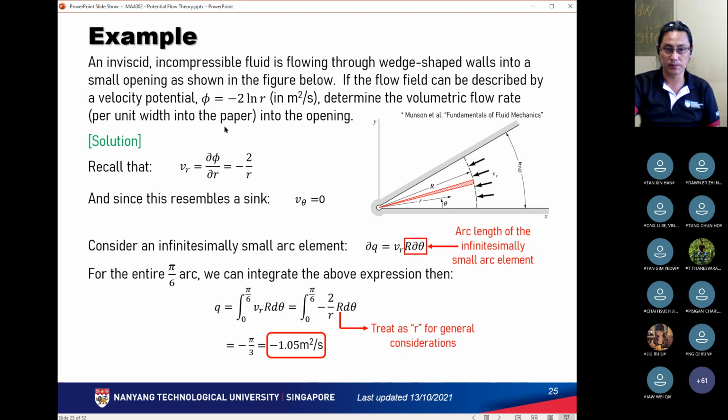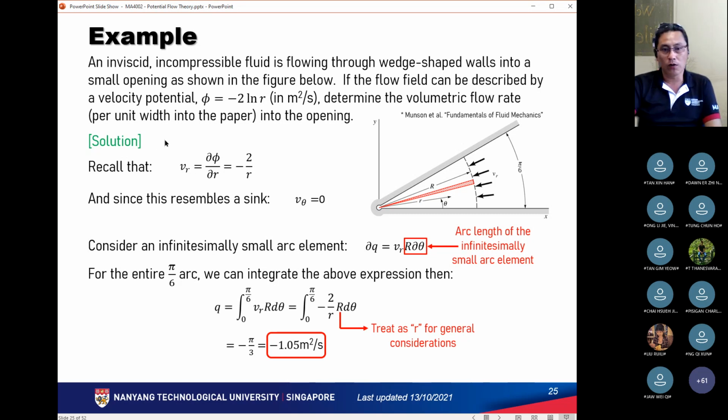We are provided with the velocity potential function, and the angular extent of the wedge is pi over 6. Based on potential flow theory, estimate the 2D volume flow rate going, as indicated by the solid arrows here, into this small opening, which we can assume to be a single point.